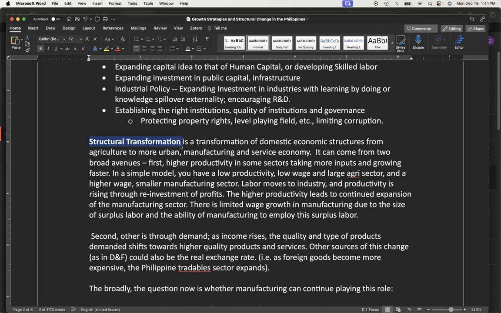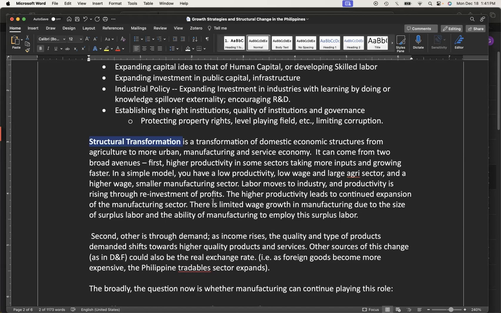There's a tendency for manufacturing wages to fall because of that allocation, but then productivity is rising through reinvestment of profits, which allows it to maintain that higher wage rate, which makes entry into manufacturing continually attractive. And this means that manufacturing as a share of GDP will continue to grow, and agriculture, which starts off with a large share, will tend to fall over time.